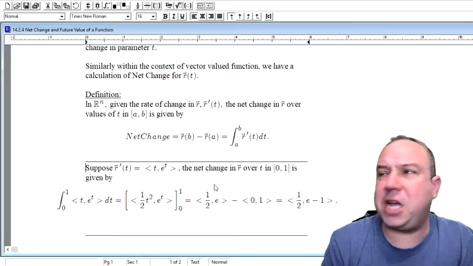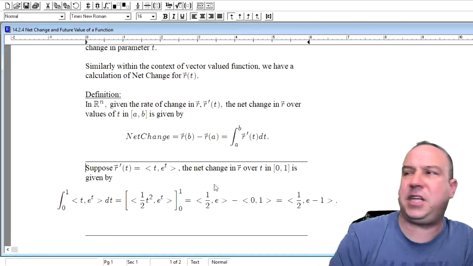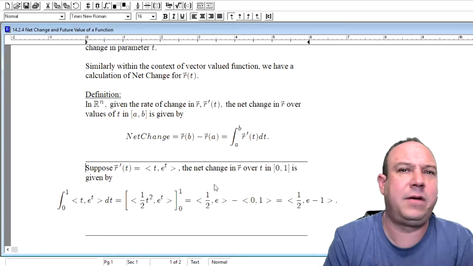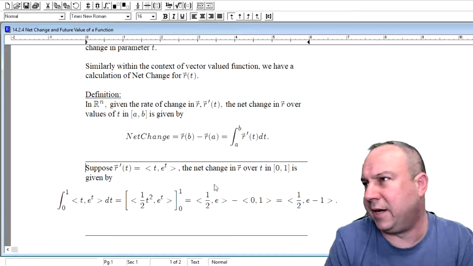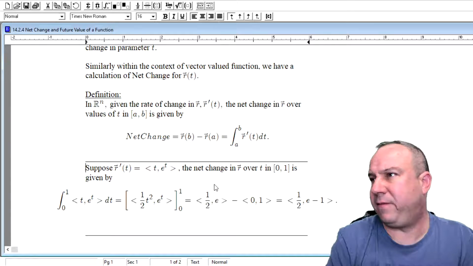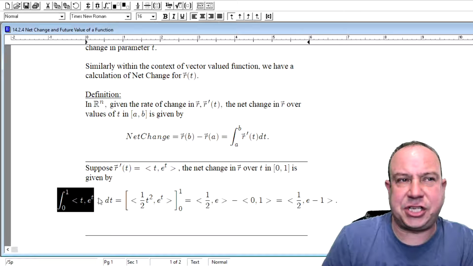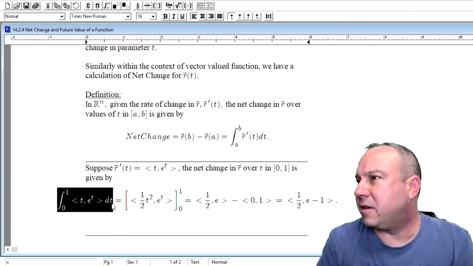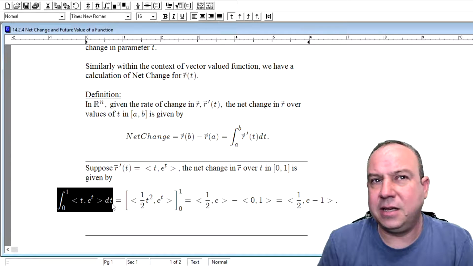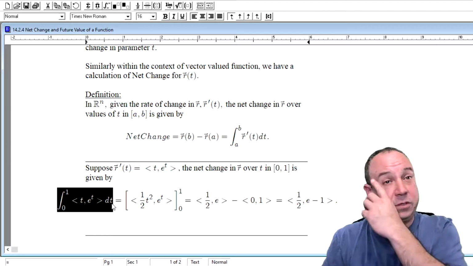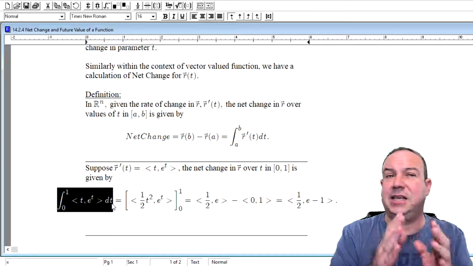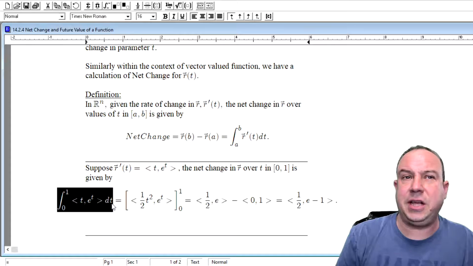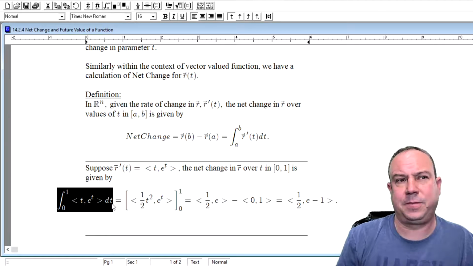And we want the net change in r bar over values of t in the simple interval from 0 to 1. Well, what the above formula tells us is that the net change in our vector valued function r bar of t over this interval from 0 to 1, given r bar prime of t, is this calculation here by definition.